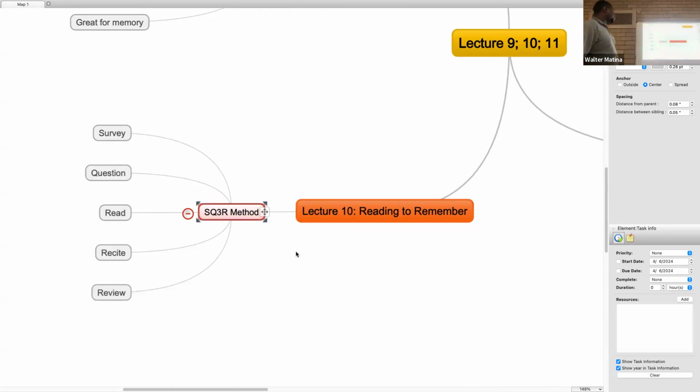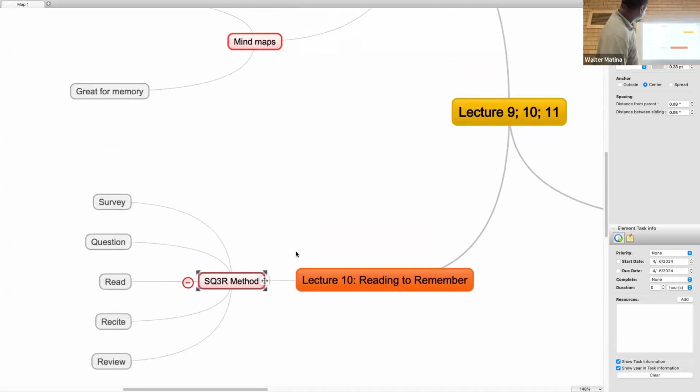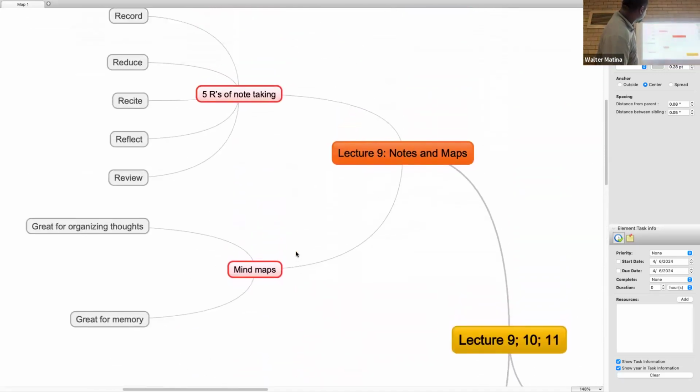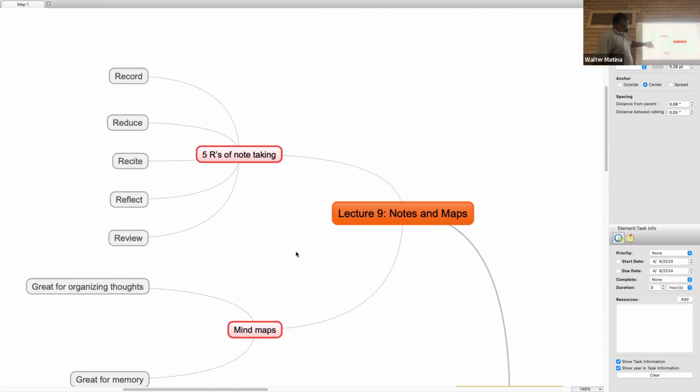For example, here in lecture 10, we are going to be looking at the method of reading, the SQ3R: survey, question, read, recite, review. And when it comes to note-taking, we also have record, reduce, recite, reflect, review. So these things go together.